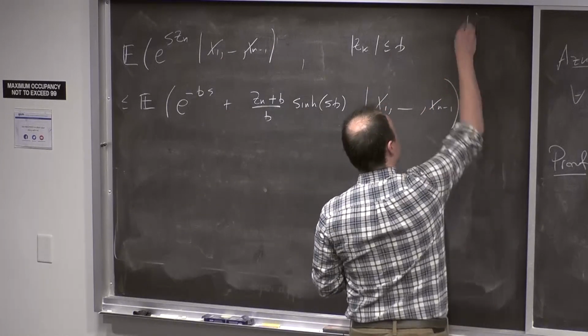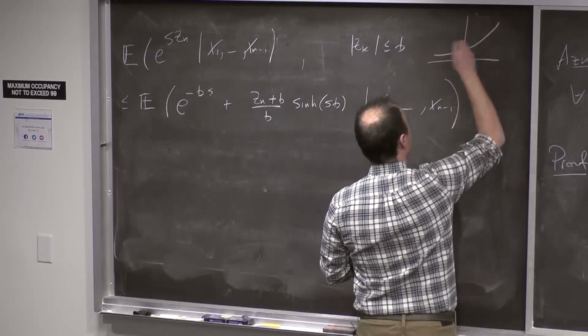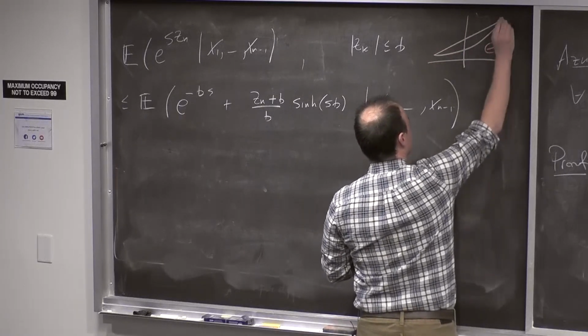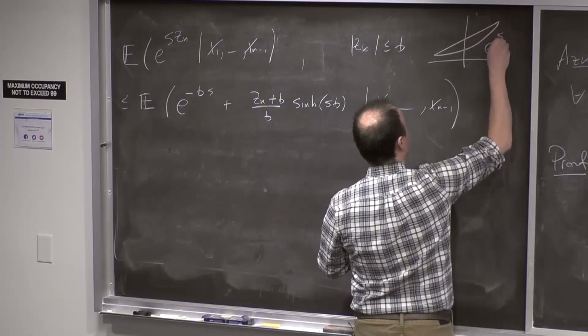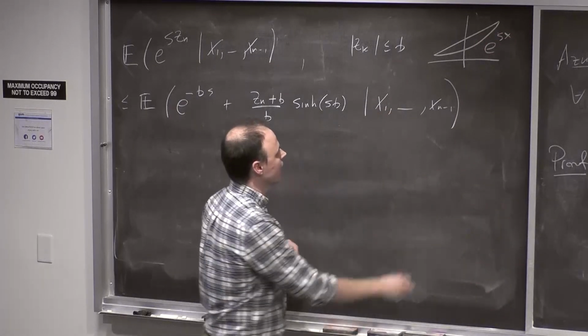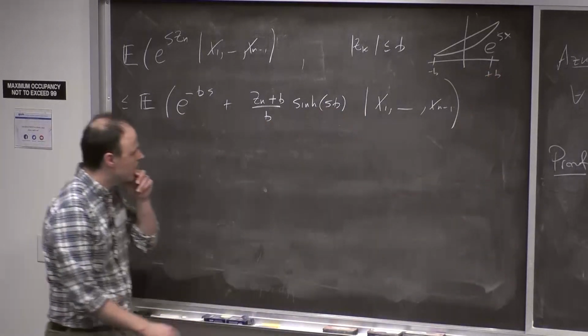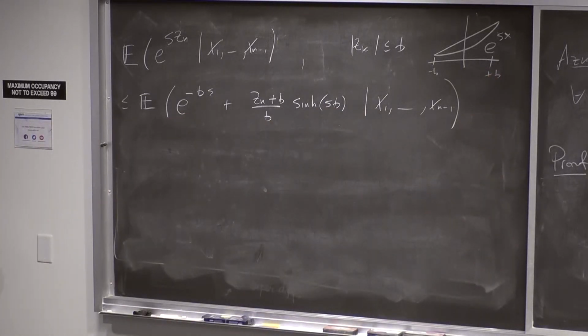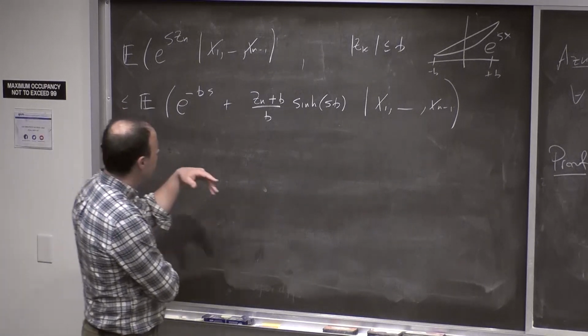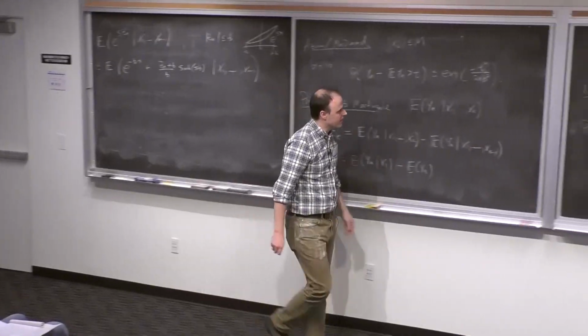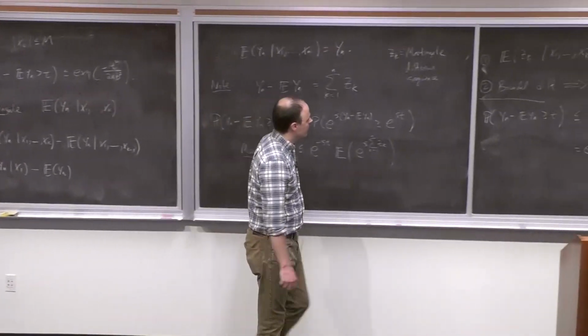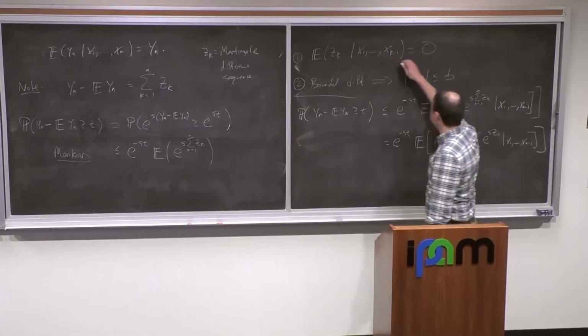So remember, this was the secant line of that function, e to the s times x, as x goes from minus b to plus b. And when I bring this inside, the expectation of Z_n given X_1 through X_{n-1} is 0.